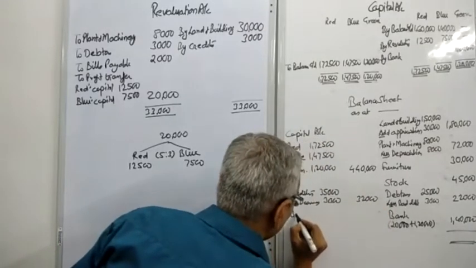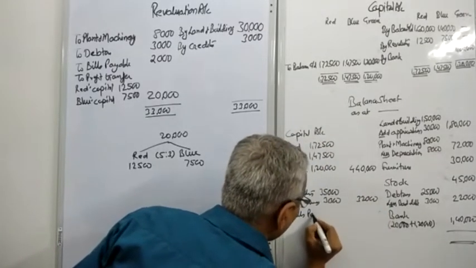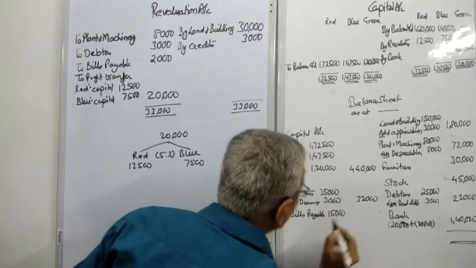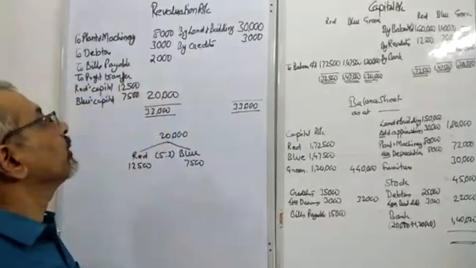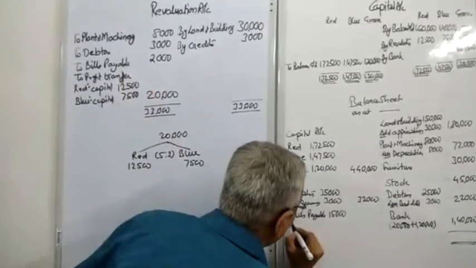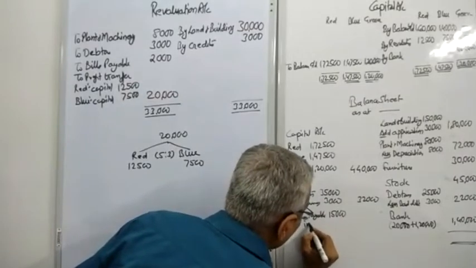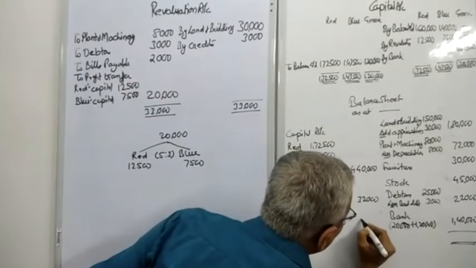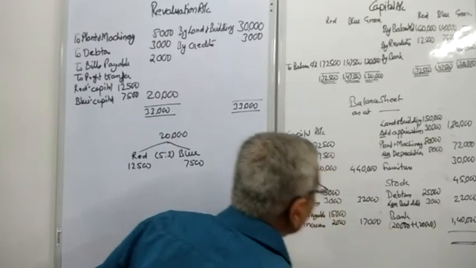And next we have bills payable, and the value of bills payable given in the question was 15,000, and you can see over here the value of bills payable has gone up by 2,000. So we'll write add increase 2,000, 17,000. Please understand this very carefully.